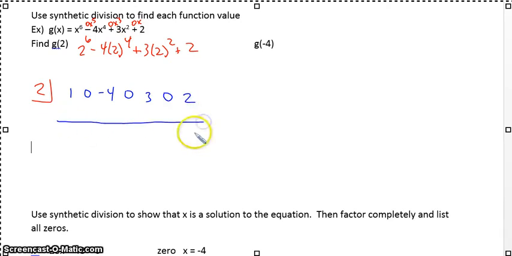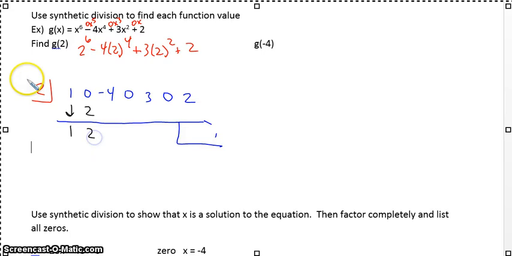And now I can do synthetic division, and whatever I get for this answer right here would be the exact same answer I'd get had I plugged this into the calculator. So my answer is really the remainder in this case. Remember, we start synthetic division by bringing down the first term, multiplying on the diagonal, and adding vertically.